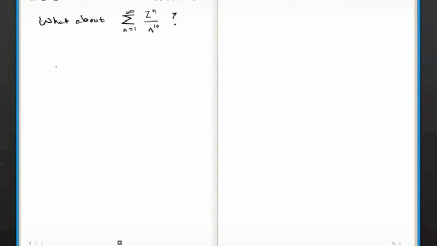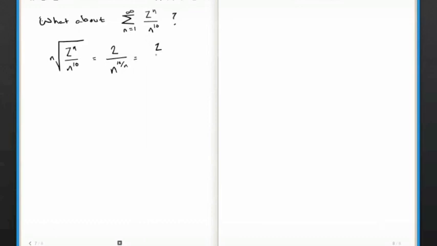What does this thing do? So if we take the nth root of this guy, the nth root of 2 to the n over n to the 10, well, that's raising it to the 1 over n power, so the top just becomes 2, and the bottom becomes n to the 10 over n.